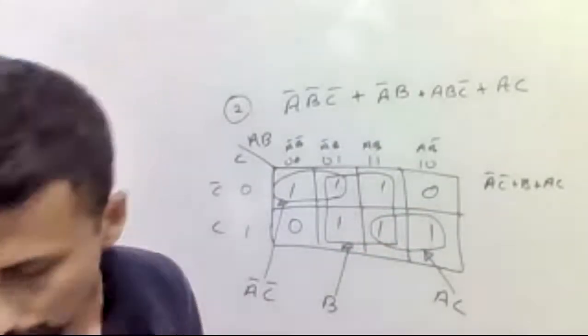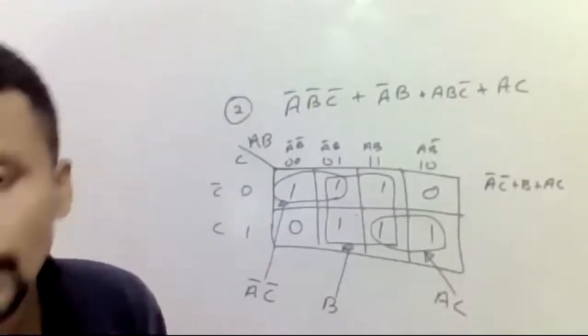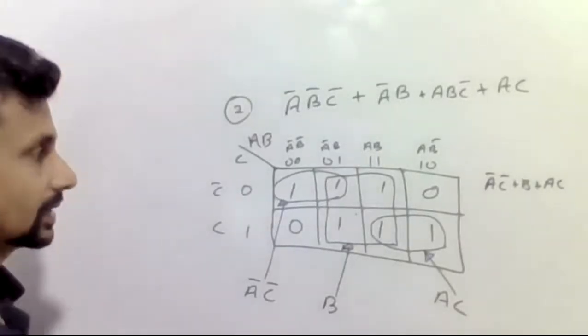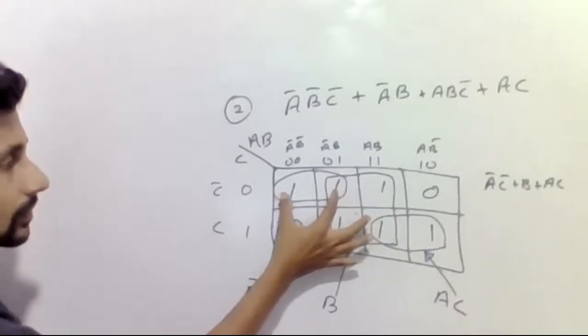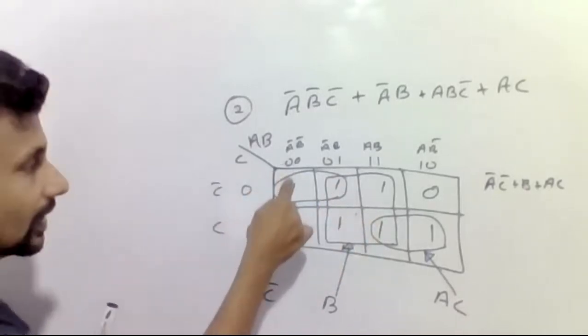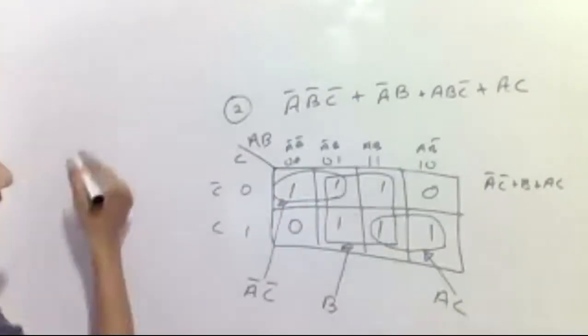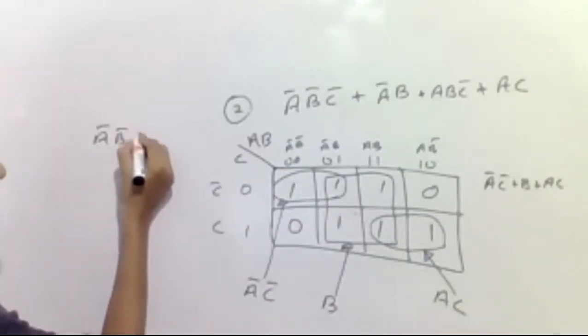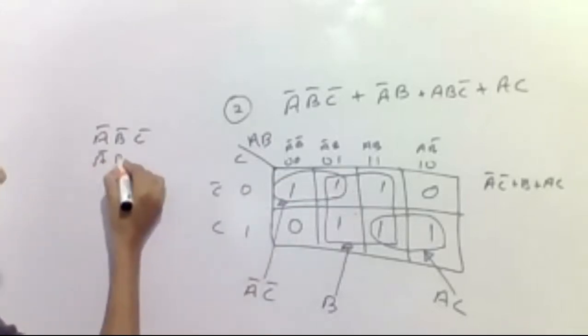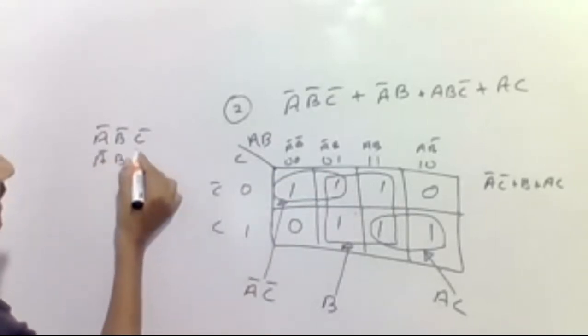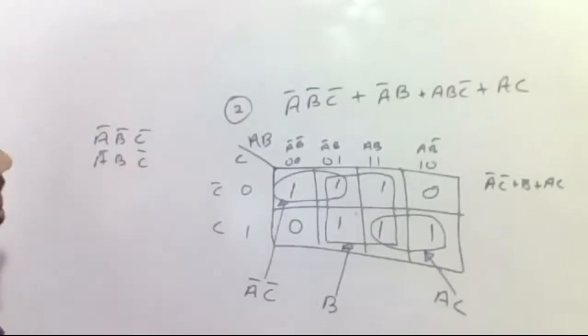Right? Now I am going to use the second method. First I am taking this group. I am writing all the variables for each one. Now here A dash, B dash, C dash. For this one it is A dash, B, C dash.